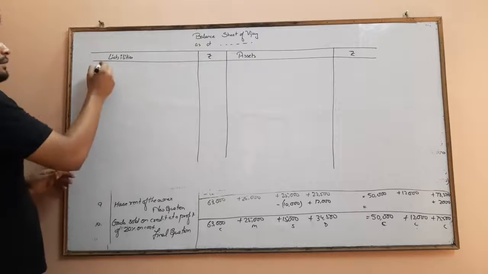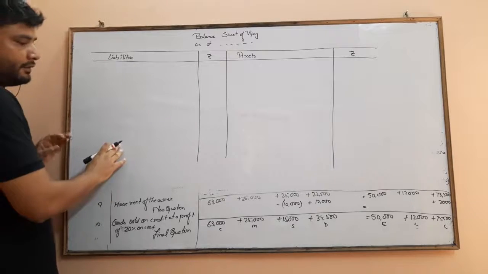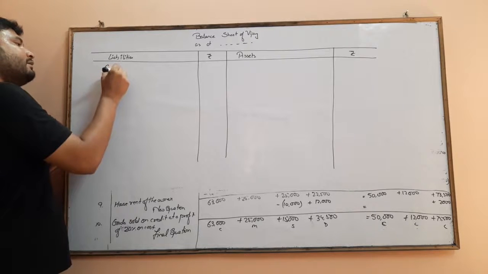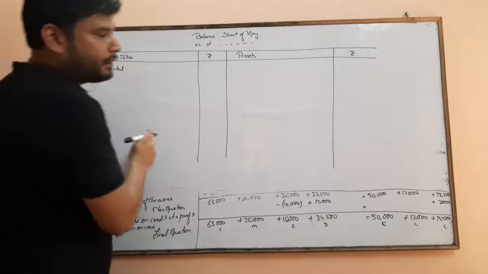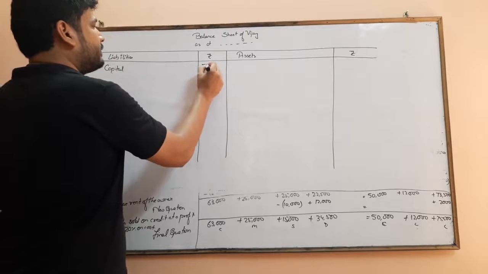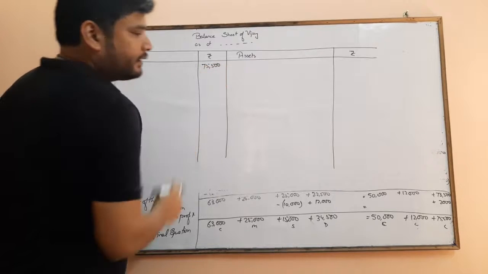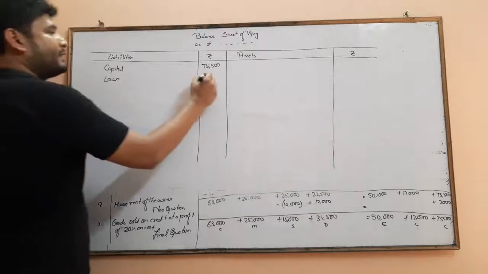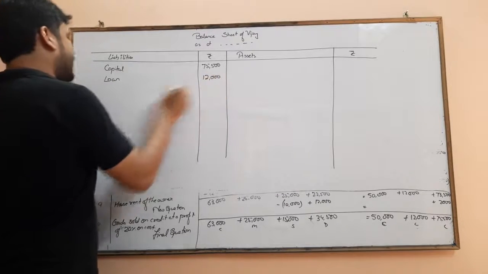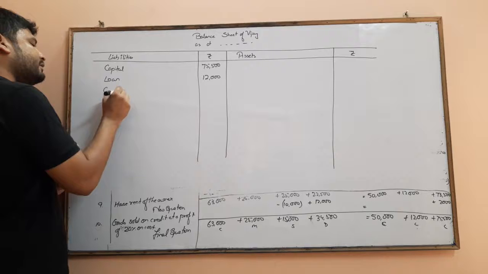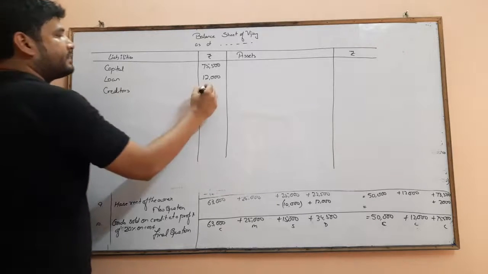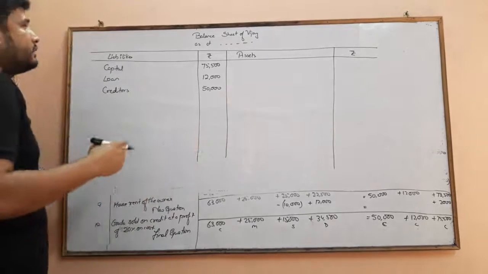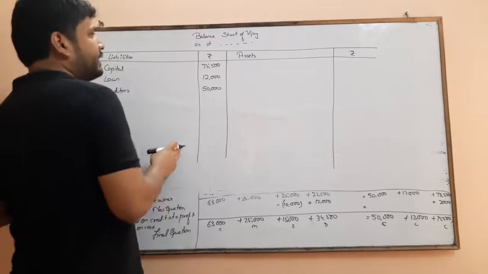Liabilities: Vijay had a capital of rupees 75,500. Then he has a loan of rupees 12,000 and creditors of rupees 50,000. This was written on the liability side, including the capital.